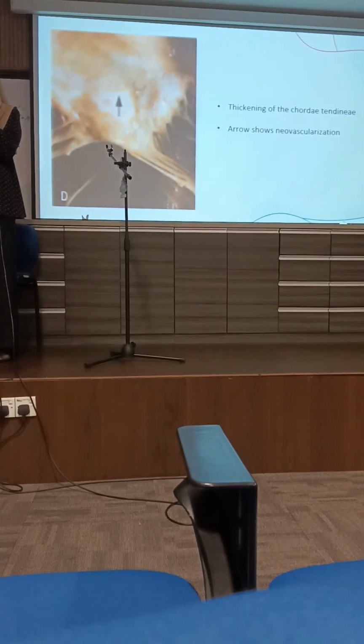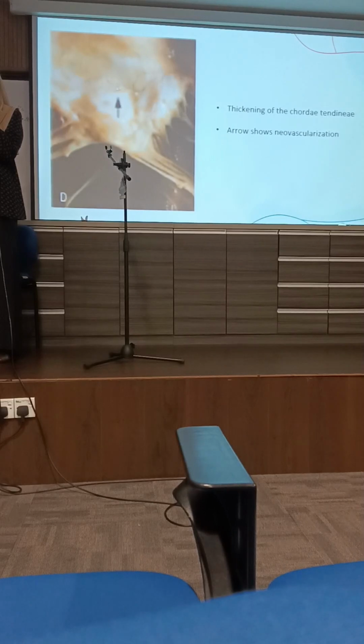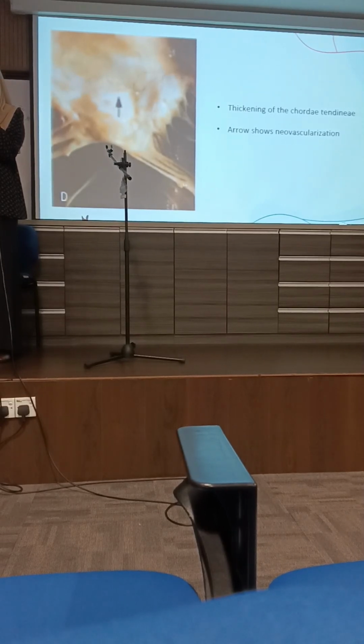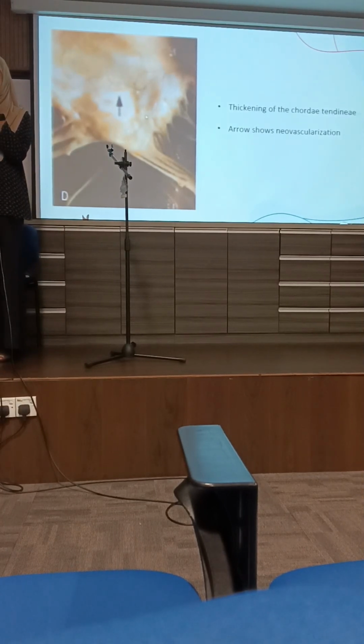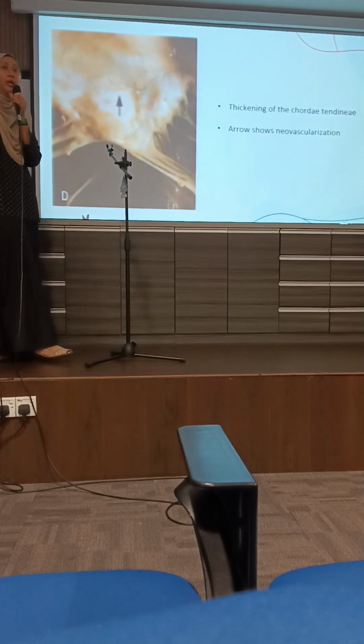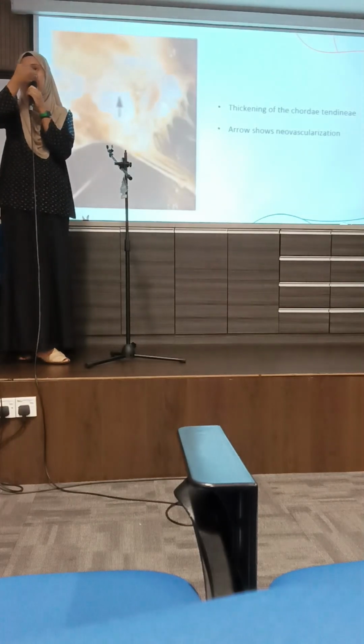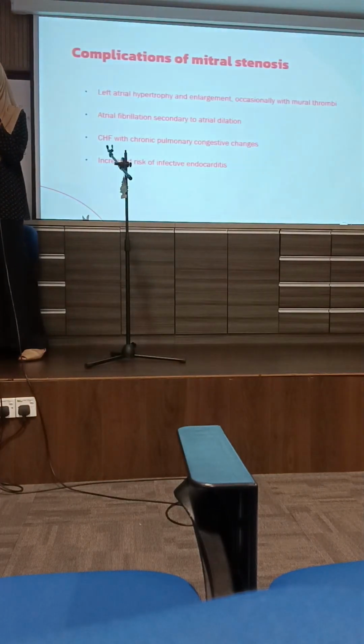So you can see neovascularization. And if you compare this cord and this cord, it looks a lot thicker, right? So you can get thickening of the chordae tendineae, like I said just now. Okay? So you can get mitral stenosis, you can get mitral regurgitation, but mitral stenosis is more common.